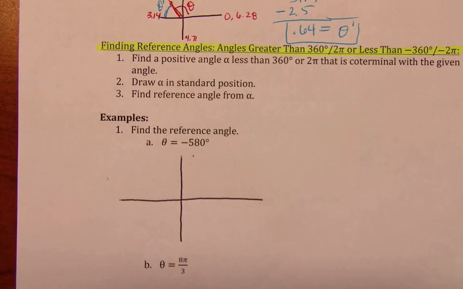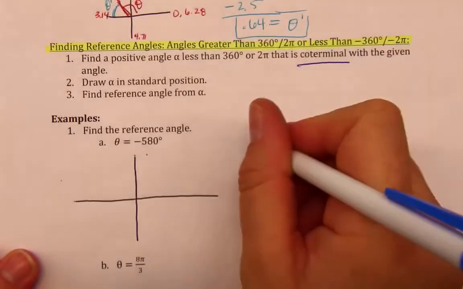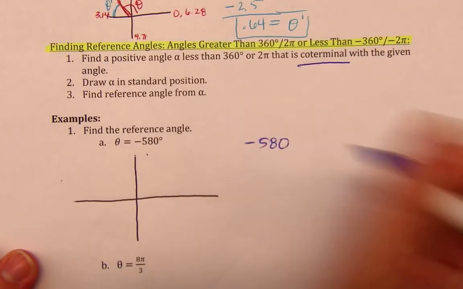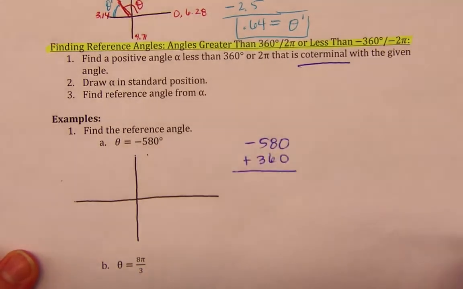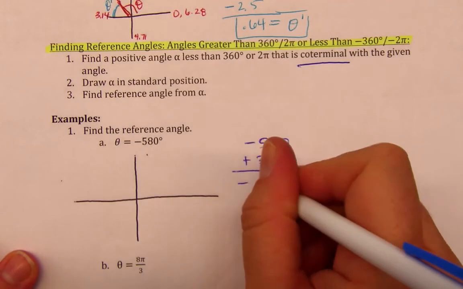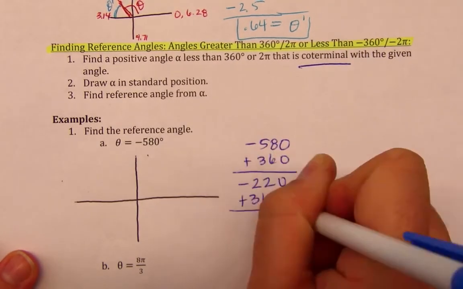And if I'm going to graph this angle here, we can first find a coterminal angle. So we want that coterminal angle. So negative 580. And we can add 360. And if we add 360, that still gives us negative 220. So let's add 360 again.